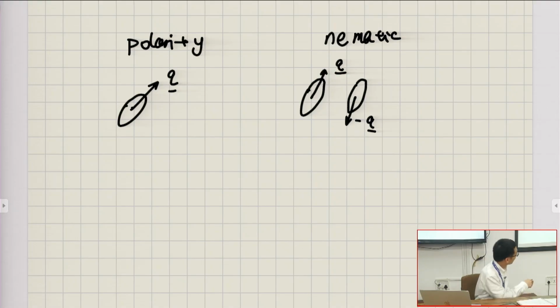For example, if you have a passive ellipsoidal suspension, that's nematic. If you have an active that's self-propelled, that's polar. But now we're talking about active nematics, meaning they are not self-propelled, but they still exert forces in the fluid. And they are still nematic, but they're active.